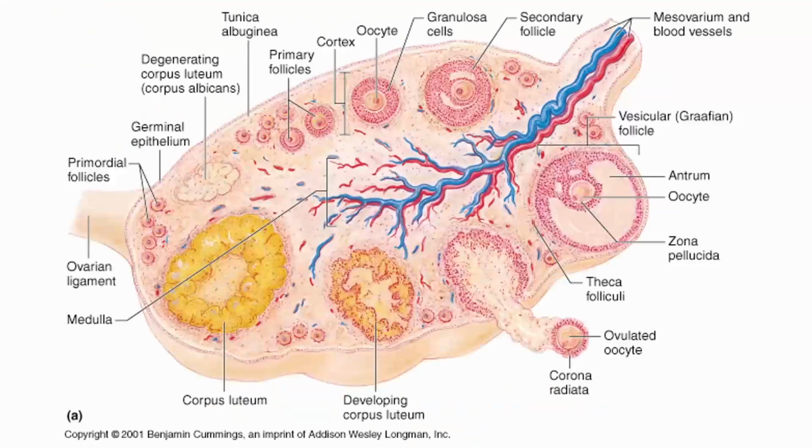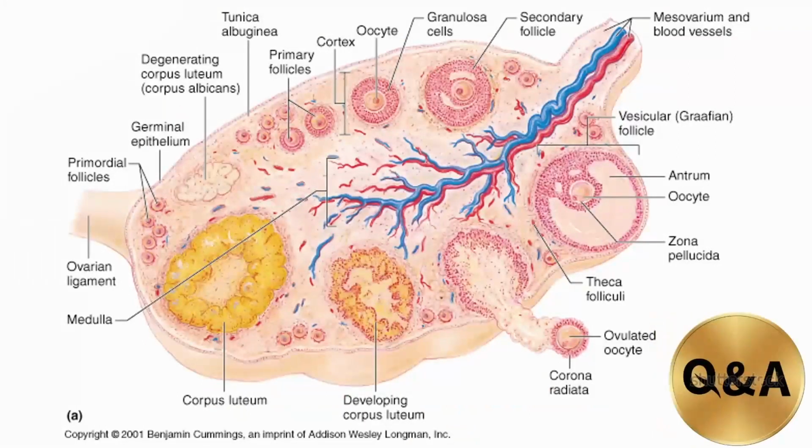And with the aid of questions, number one, have we seen this section before? The answer is yes, we have. It is a diagram of a cross-section of the ovary, the primary sex organ in the female.